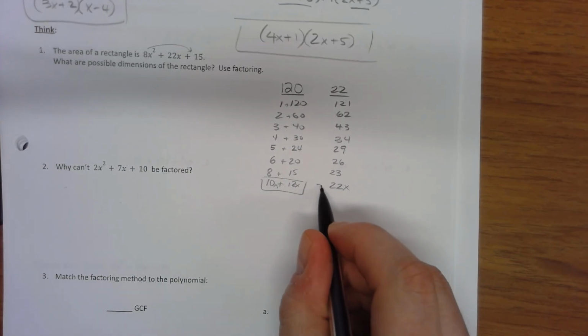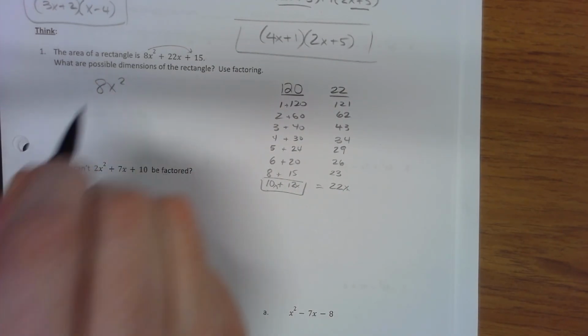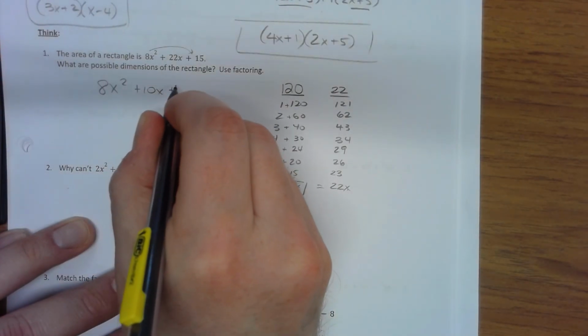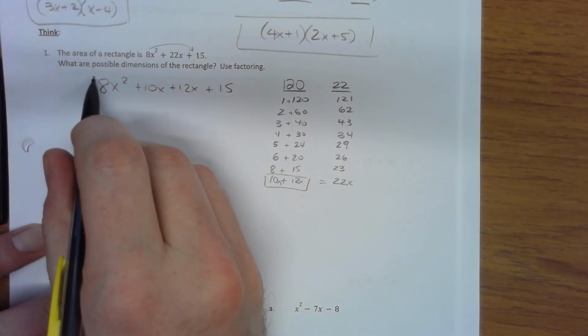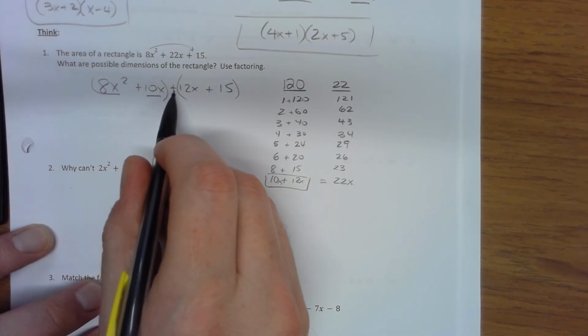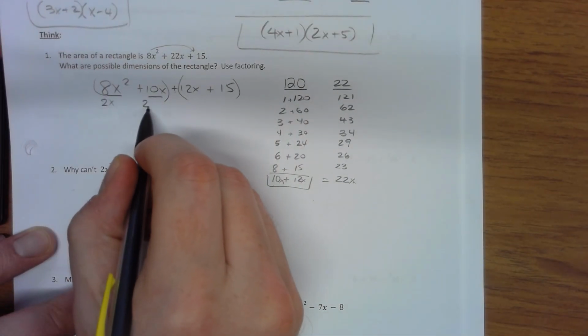We're going to replace 22x with 10x plus 12x. First term, our two middle terms are 10x and 12x, and you have a 15 at the end. The GCF of each group comes outside. There's a plus sign in the middle. Okay, 2 goes into both and an x.